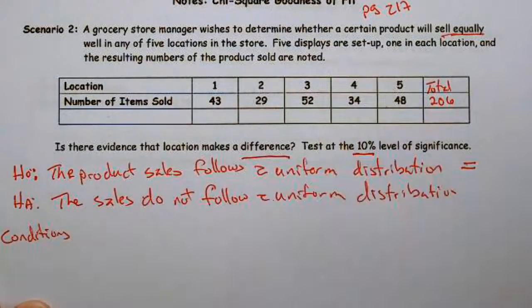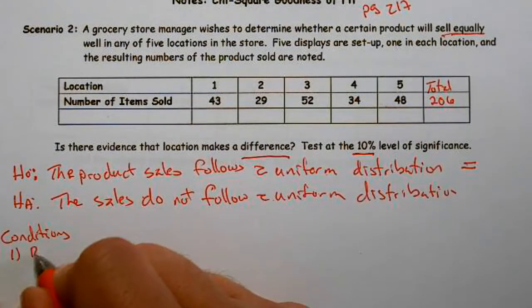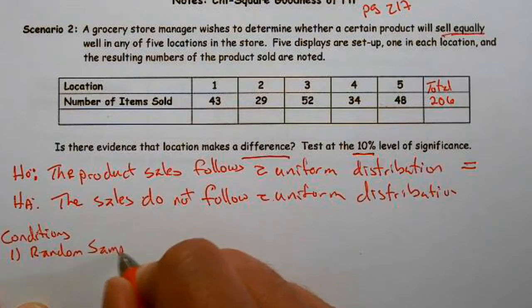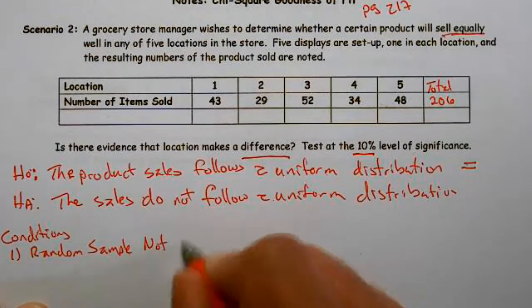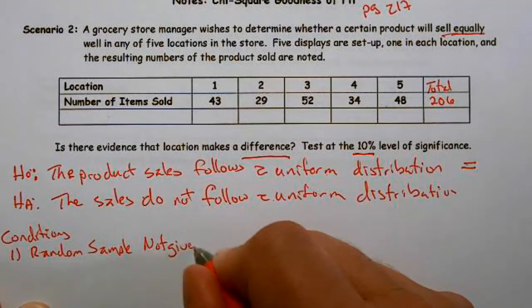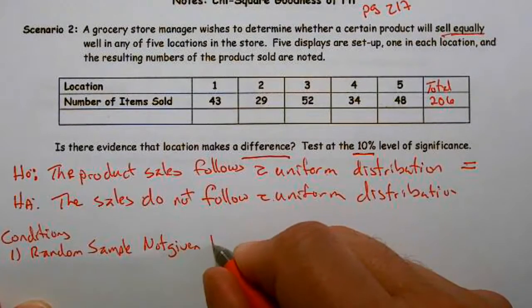This doesn't say that it's a random sample. So since it doesn't say, we're going to have to say random sample not given, but we assume it's representative of the sales data.